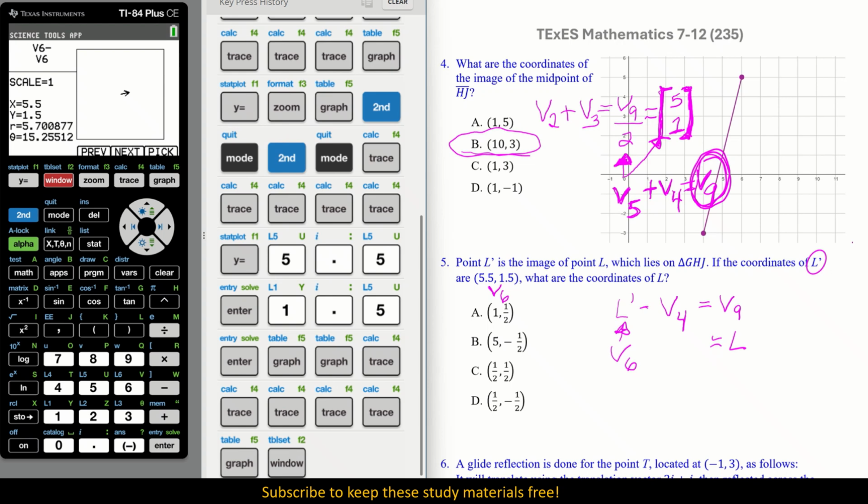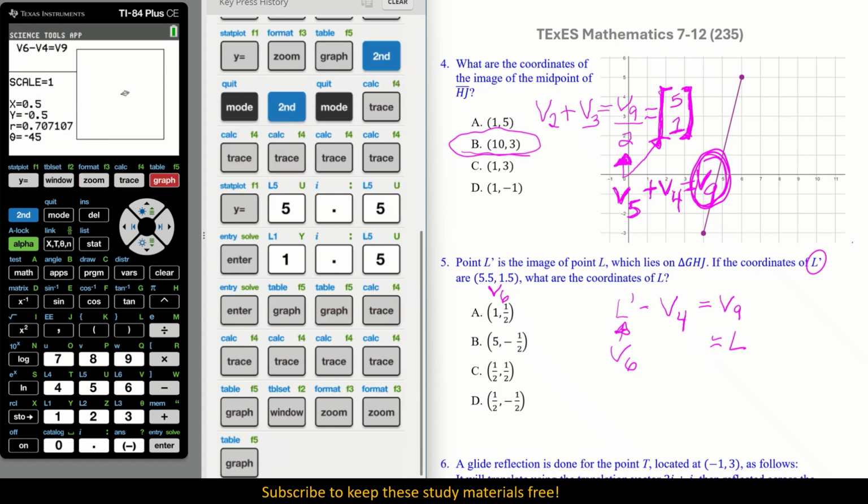So we need to go back to 4. There's 4. Now we have V6 minus V4, push pick. And what does it give us? Positive half, negative half. Well, where is that? There you go. Option D. Okay. All right, let's go to number 6.